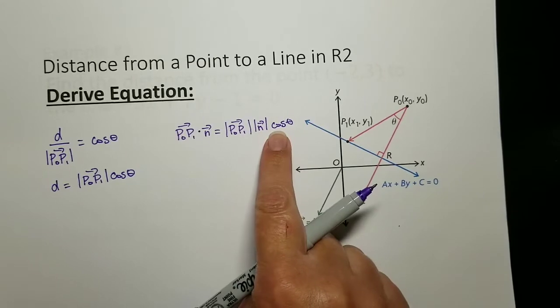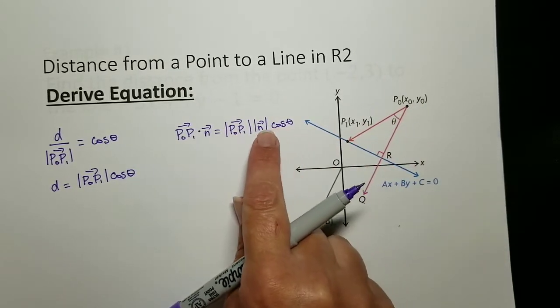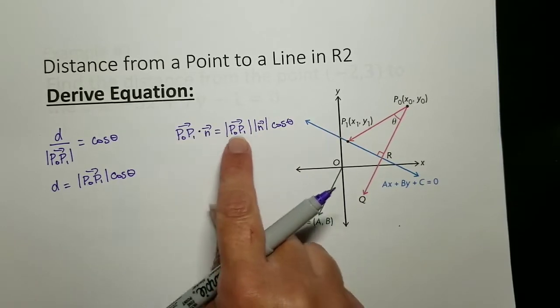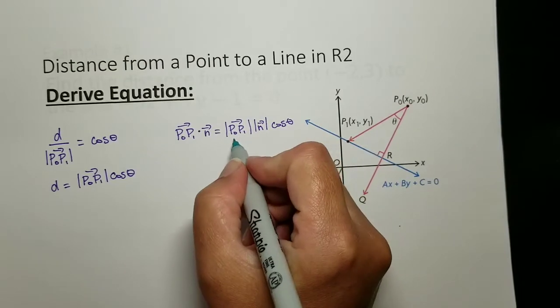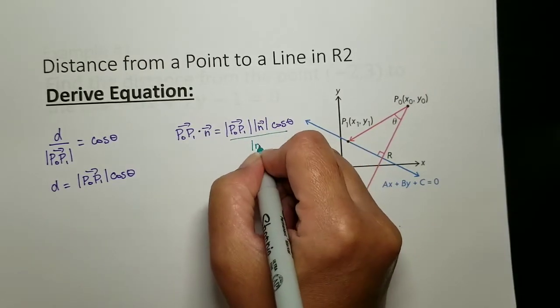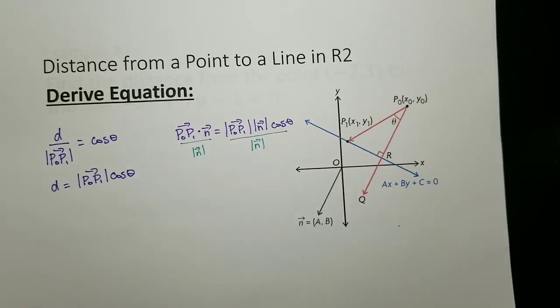Reading that a different way, the magnitude of P naught P1 times cos theta equals the dot product divided by the magnitude of n. So I'm just going to divide out the magnitude of n on both sides, and then I'll come up with two equivalent expressions.